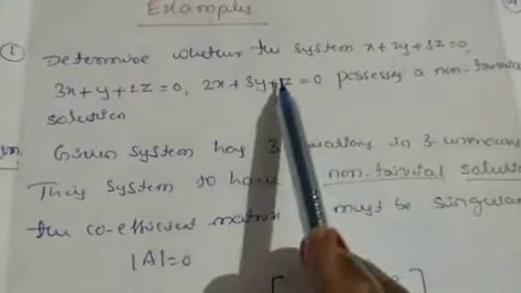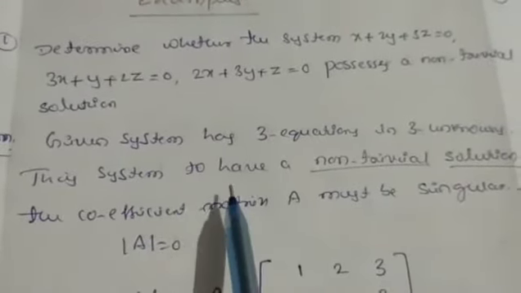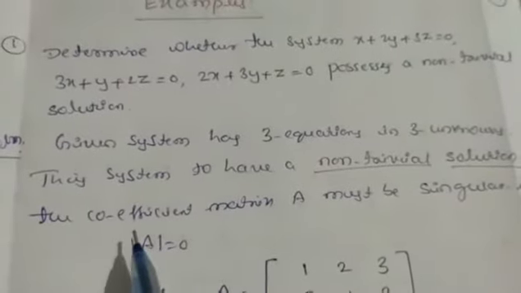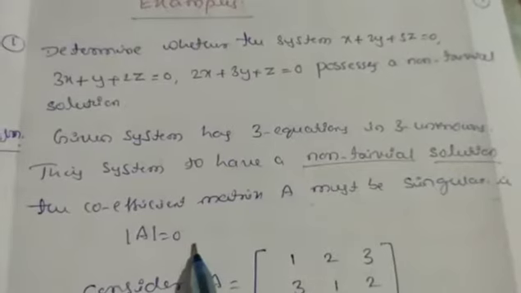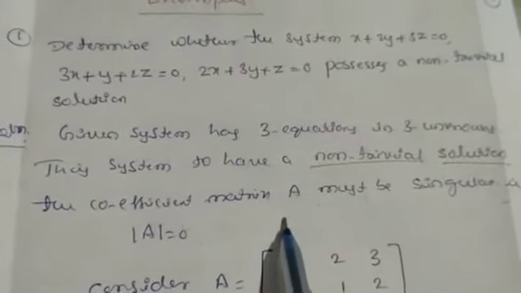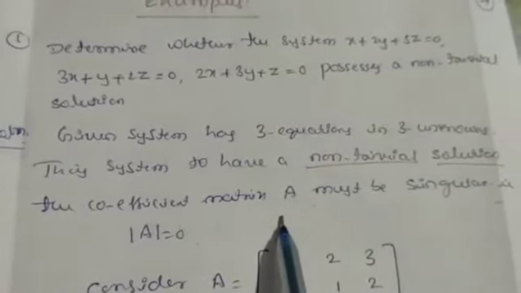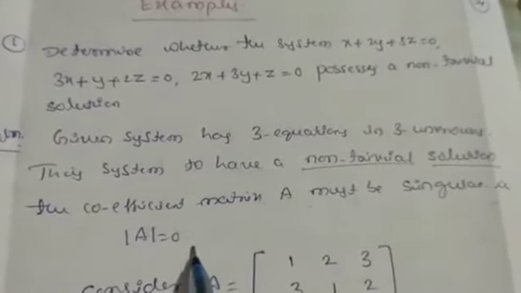Here we have 3 equations and the unknowns are also 3: x, y, z. For this system to have a non-trivial solution, the coefficient matrix A must be singular, that is, the determinant of A must be equal to 0. This point you have to remember. A system has a non-trivial solution only when the determinant of the coefficient matrix is equal to 0.